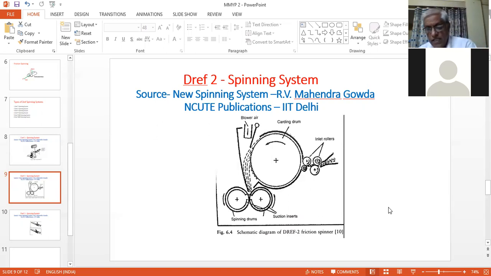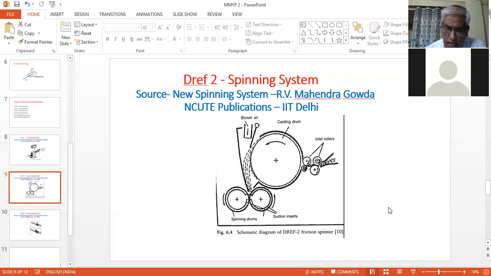The yarn strength is lower than the ring spun yarn, and that's why we require a larger number of fibers in the yarn cross section. This restricts the DREF 2 spinning system to producing yarns from 0 count to 6 count only. It means this system is suitable for coarse counts only.